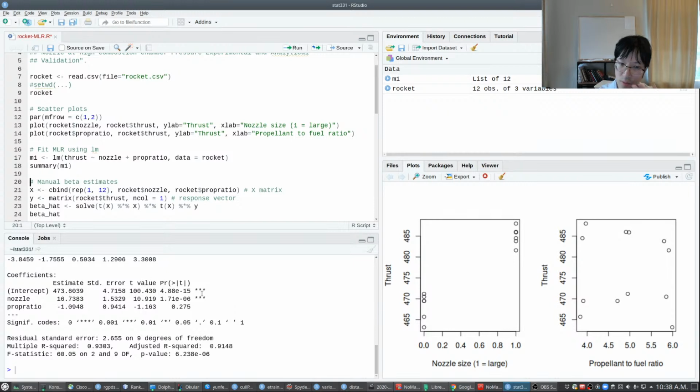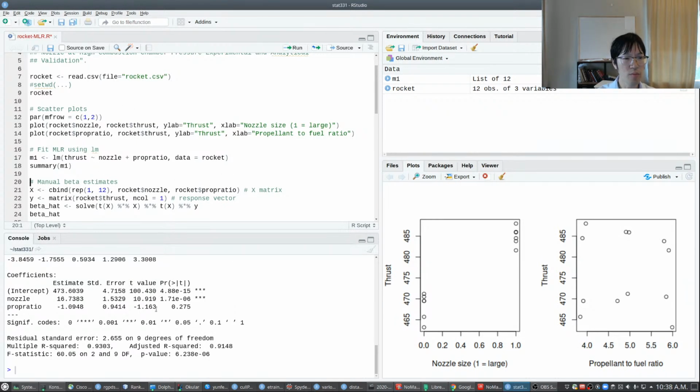And so that reminds us of what we learned about the estimates for the beta vector. Okay, so we have beta hat, and then we can obtain the standard errors of beta hat from the estimated covariance matrix.